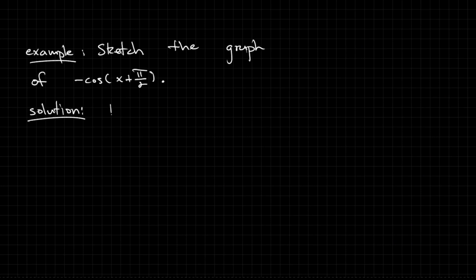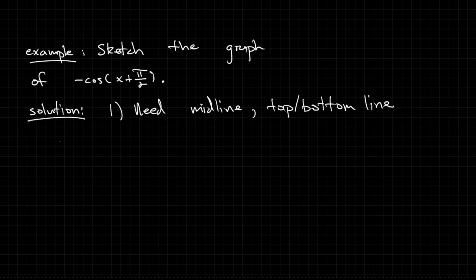The first thing we'll need is the midline and the top and bottom line. Then we'll need, let's call those x-coordinates the important, and I suppose I've been using t, so let me switch this example from x to t.